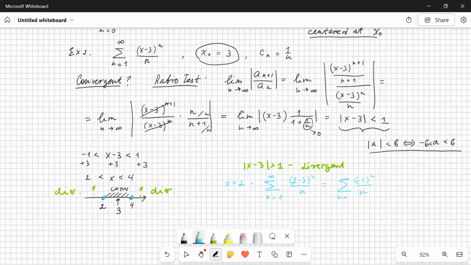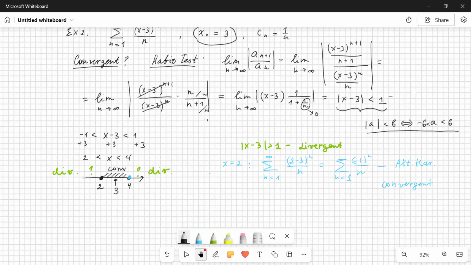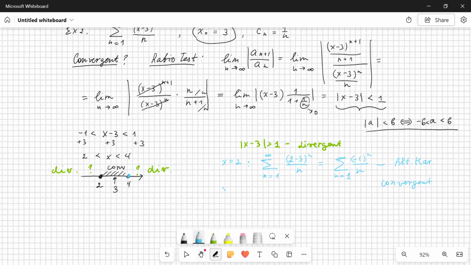And guys, you probably recognize what? Alternating harmonic series. What do we know about the alternating harmonic series? So I'm going to blacken this point because it's convergent. Now, guys, what is going to happen at x equals 4?